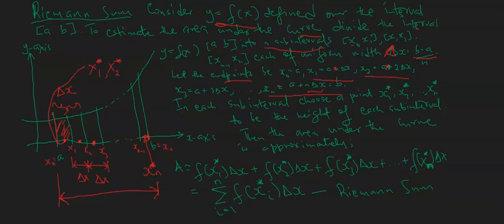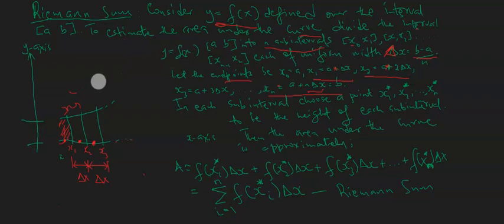Now, this will be the height of each sub-interval. What we mean is that if we consider one of these sub-intervals, let us magnify and only think of the first sub-interval, that is x0 to x1, and we have chosen the point between those two endpoints, and this point is x star 1.